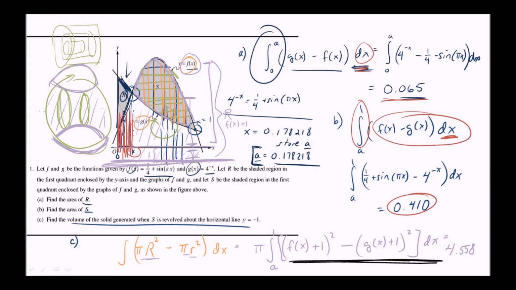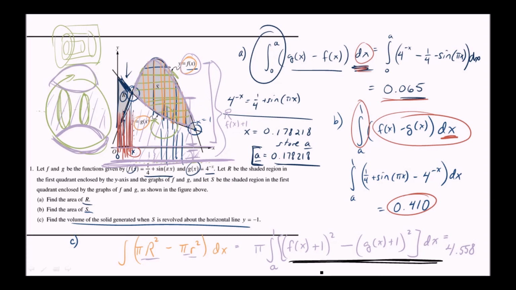So pi r squared minus pi little r squared, if you're using washers, which is the best way in this case. But if you're using shell method, the integrand will be different, but it better be accurate because that is a substantial chunk of this part's points.